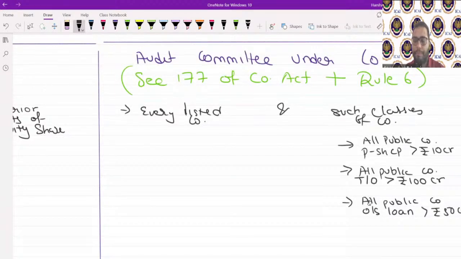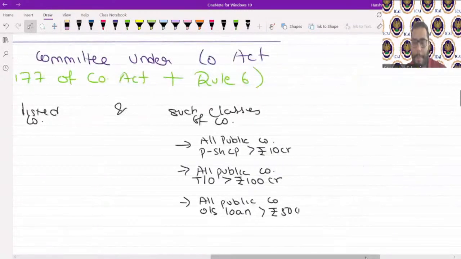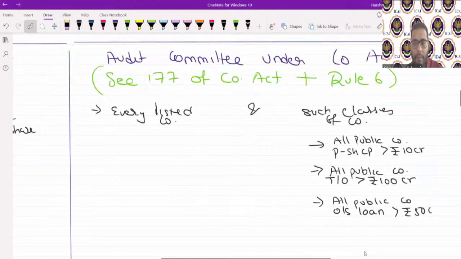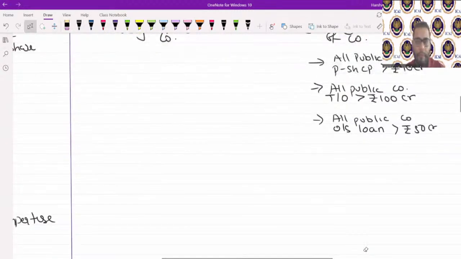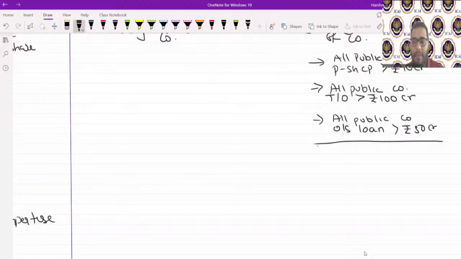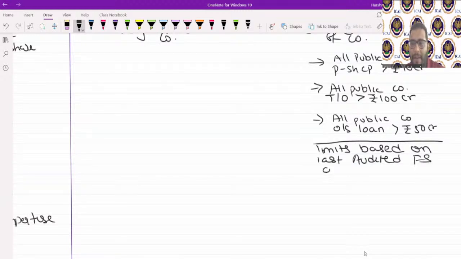Now remember, these limits are required to be verified based on the last audited financial statement available.